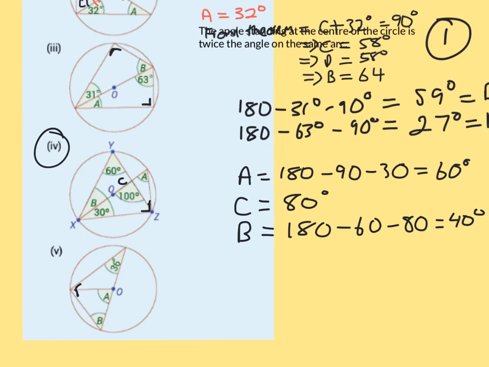So B will be equal to 180 degrees minus the 36 degrees minus the 90 degrees that we know we've just marked in there. So if I take them away, I got 180 minus 36 minus 90. And that'll give me B as the angle 54. So equals to 54 degrees.